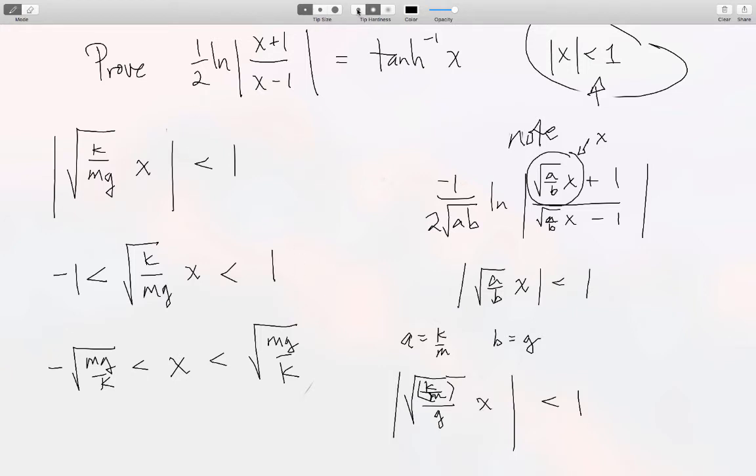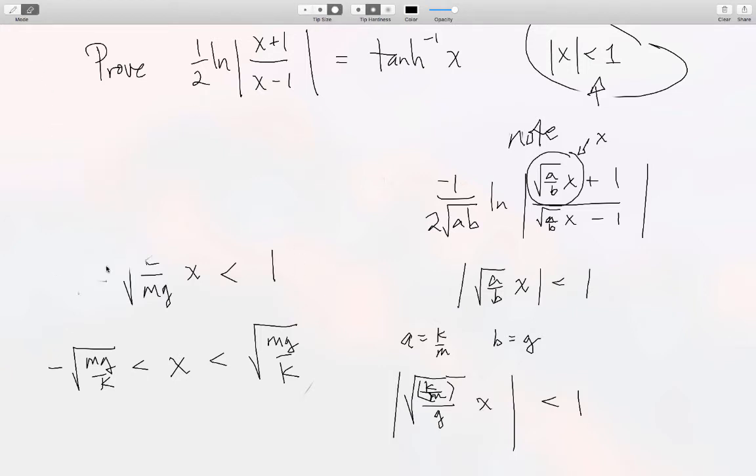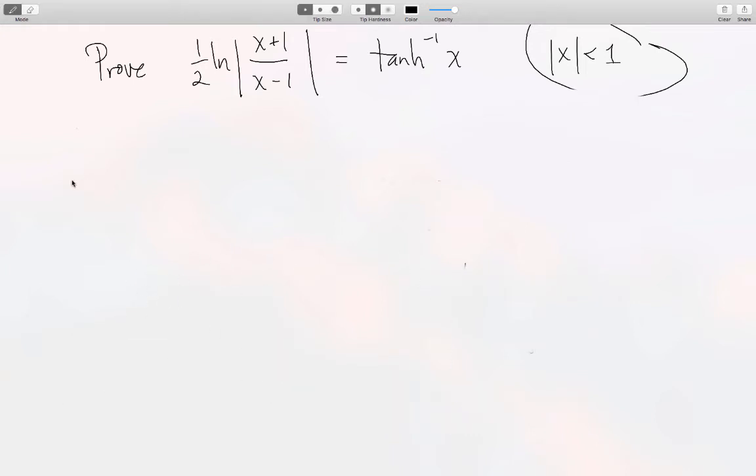Beautiful, right? All right, so let's continue. You see what this is, terminal velocity. These are the bounds of the terminal velocity. The point that I've reached so far is that I can write -1 over 2 square root AB ln, I can write that in terms of a hyperbolic tangent inverse.